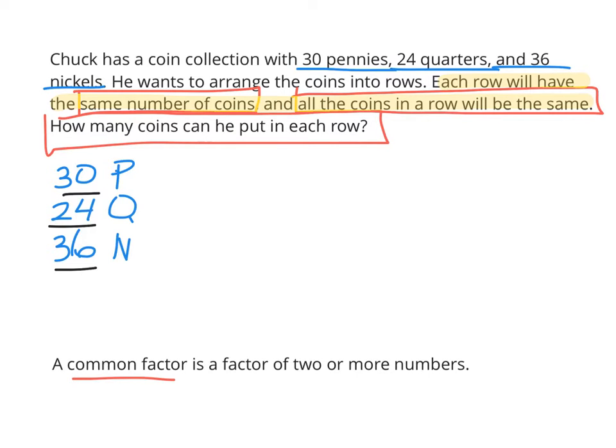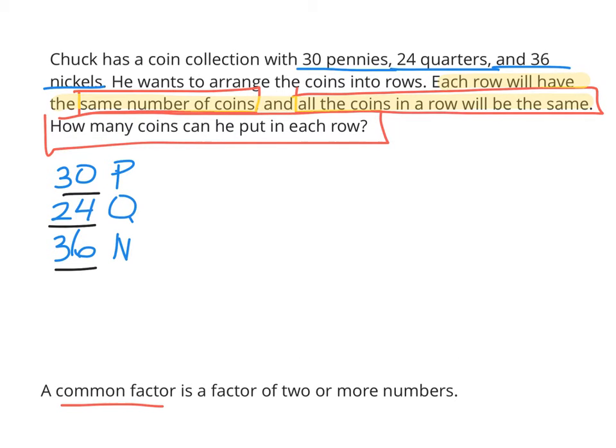So let's go ahead and start that list. So we said that we would have to find the factors of 30, 24, and 36. So let's start listing those factors down.